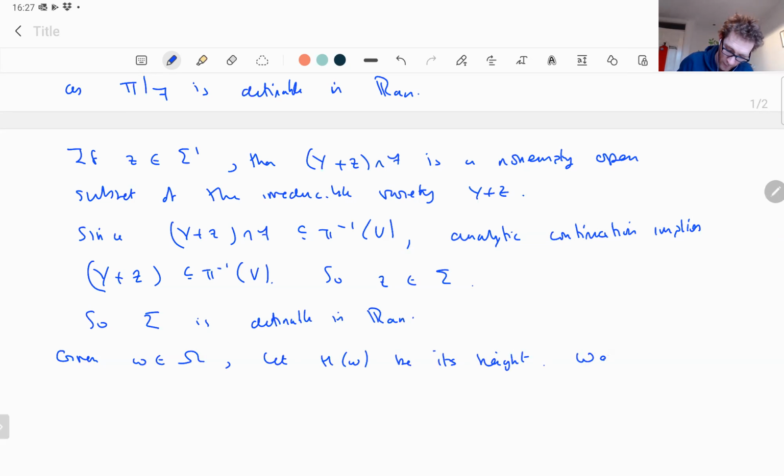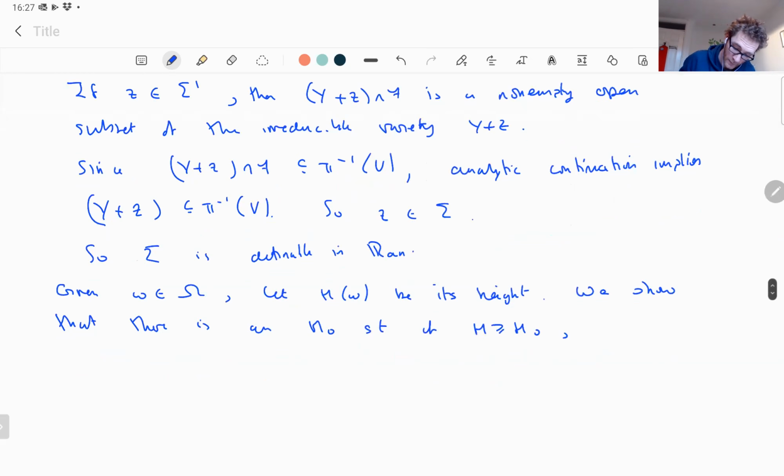So we'll show that there's an h0 such that if h is at least h0, the number of points in sigma which are also lattice points of height at most h is at least h over 2.